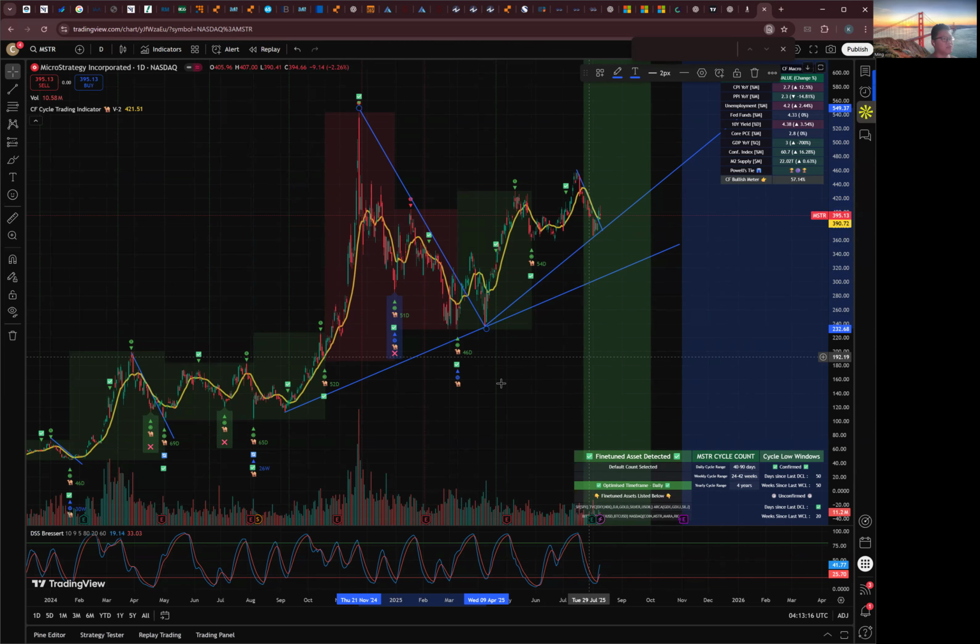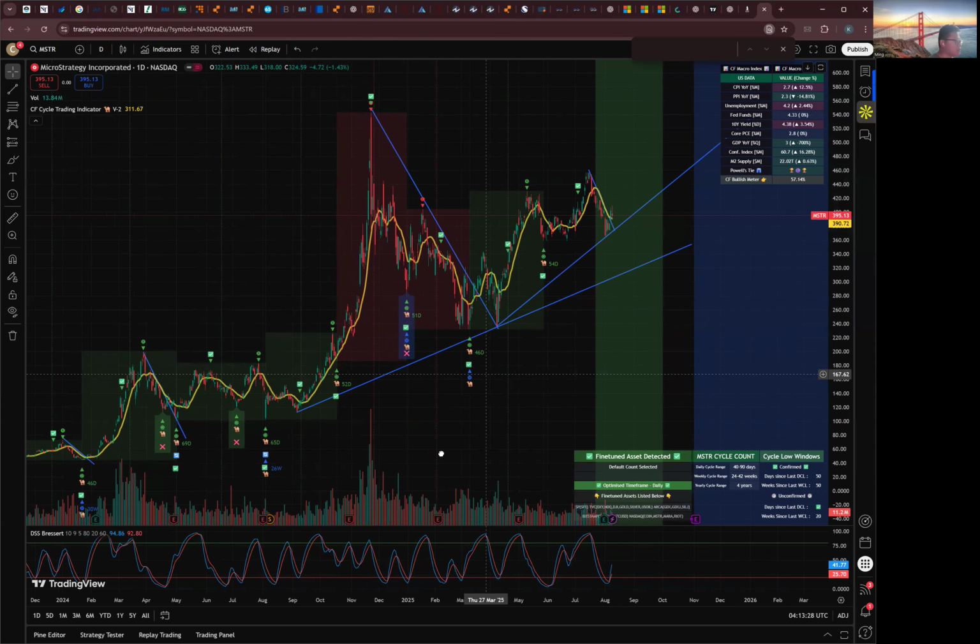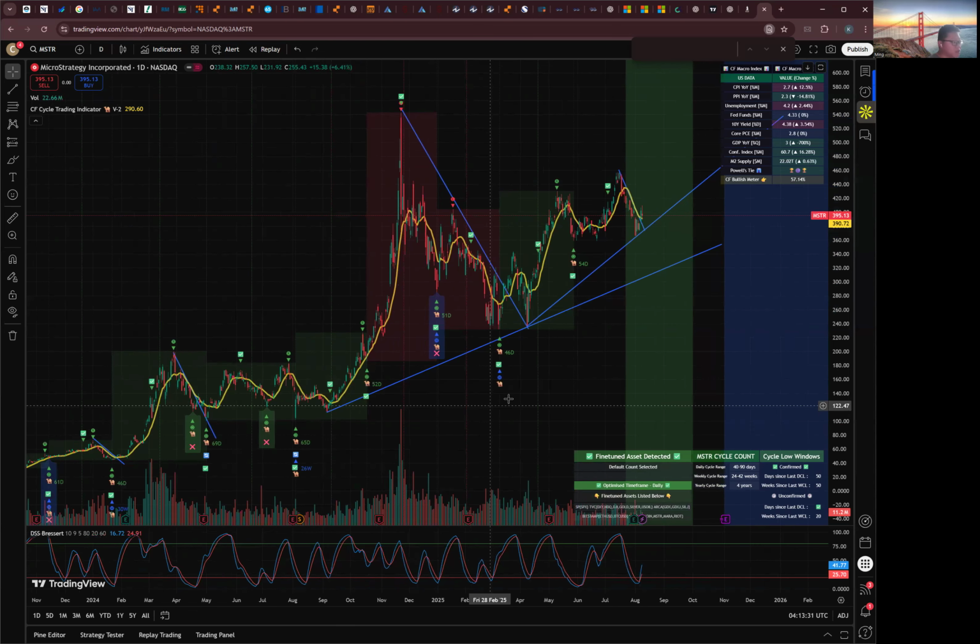So I mainly use the DCLs, again the daily cycle low, for short-term trades, and the weekly cycle low for swing trades, a longer weekly cycle. So you can see it's between here and here, usually, and for this particular one, it usually lasts for 30 weeks. All right.